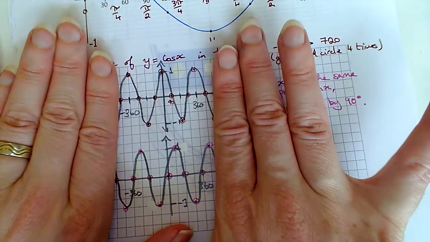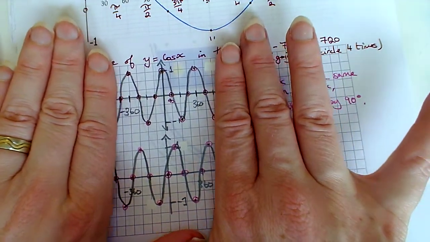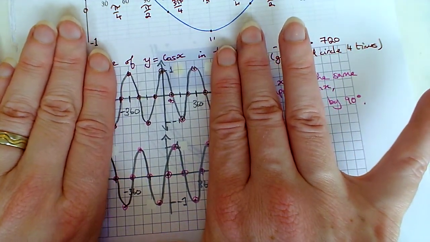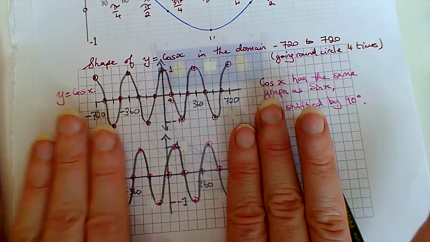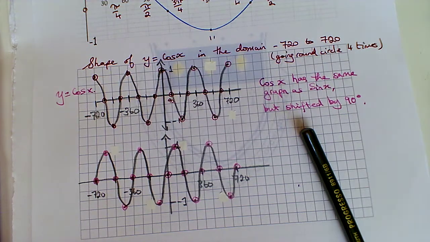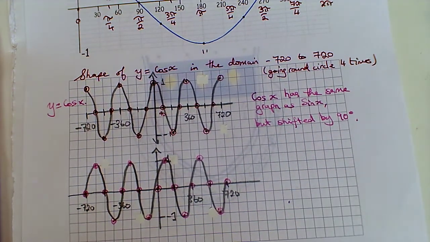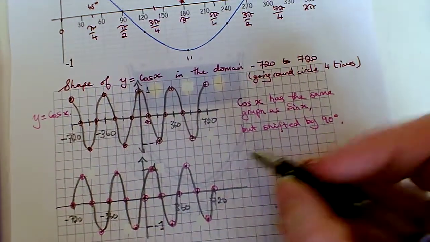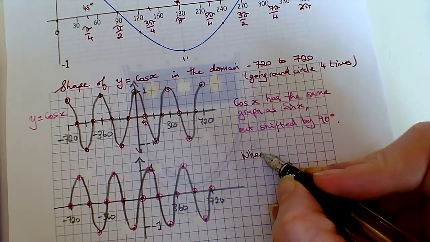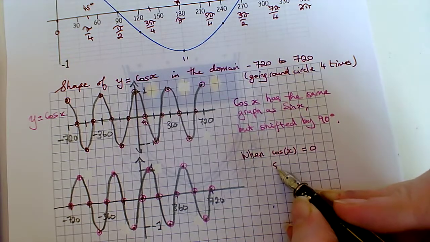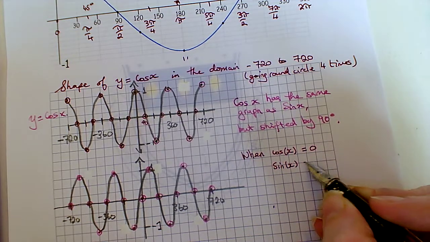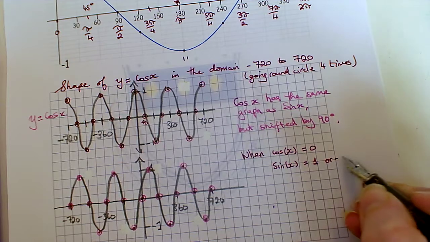If you just look at the bit in the middle, my 3 waves there, this is moved over by 90 degrees and it's exactly the same shape. Okay, so we'll just make a couple of notes there and just say that when cos of x is equal to 0, sine of x is either equal to 1 or minus 1.